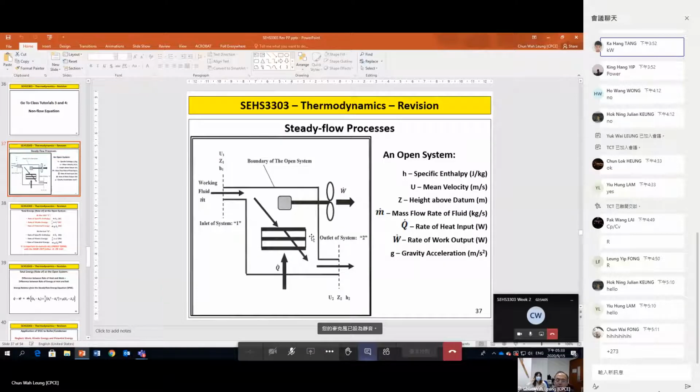If there is a difference between these two, then this difference will be totally reflected by the difference between the total energy at the inlet and the total energy at the exit.